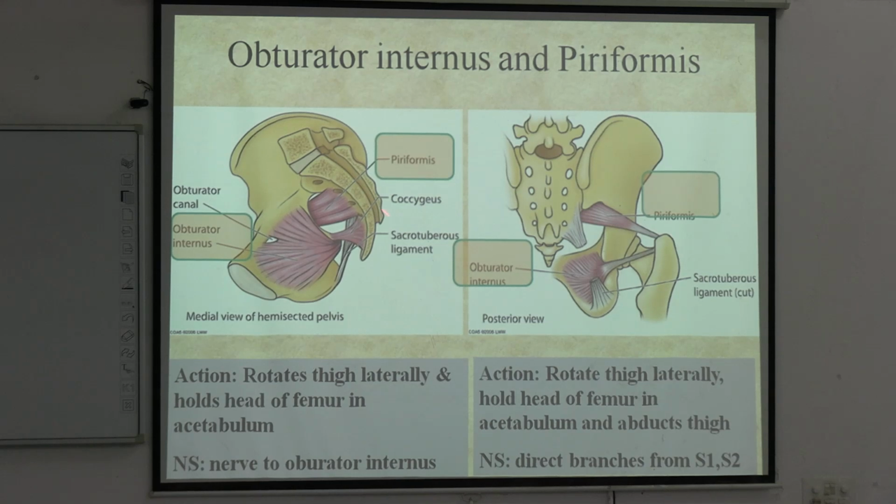So even though they come from two different walls of the pelvic cavity, they end at the same or nearly the same point. That allows these two muscles, placed in two different walls of the pelvis, to do the same action.